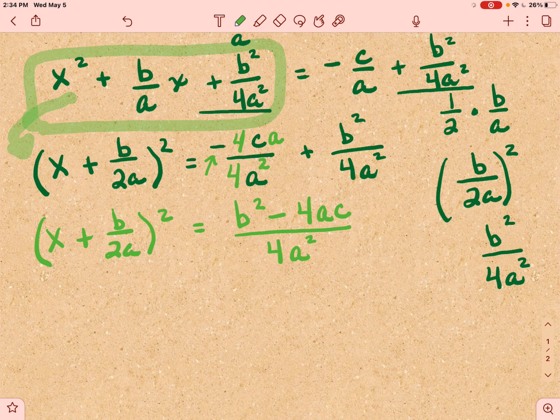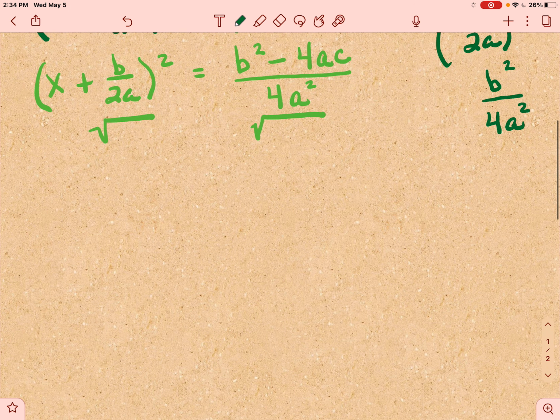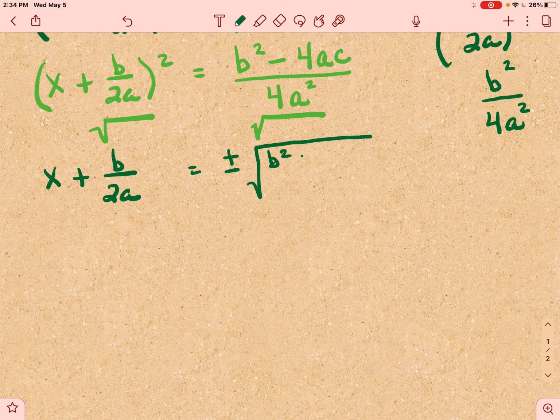Okay, so we're going to take the square root of both sides, and on the left we get x plus b over 2a. And on the right, we're going to get plus or minus the square root of all of this, b squared minus 4ac over 4a squared.